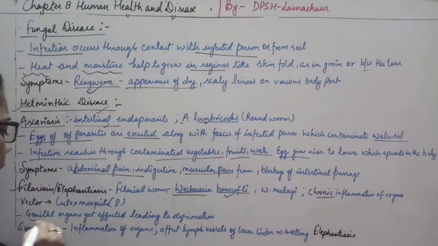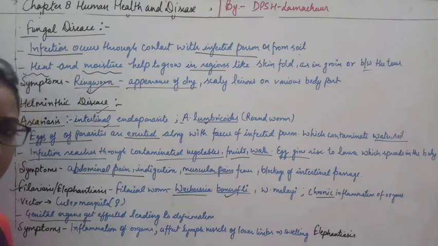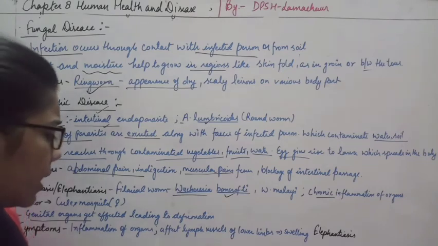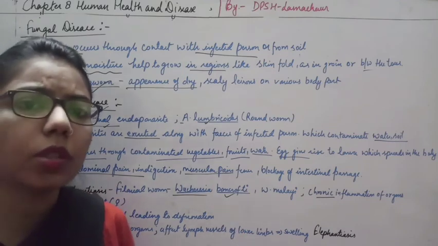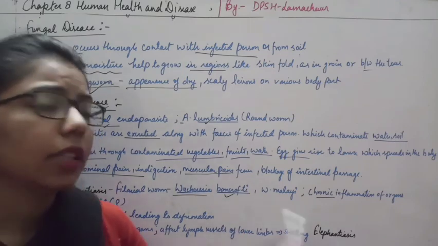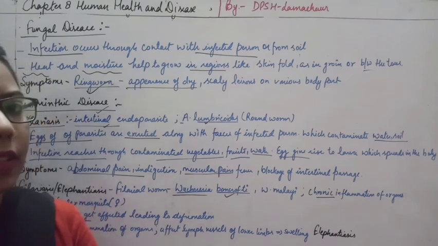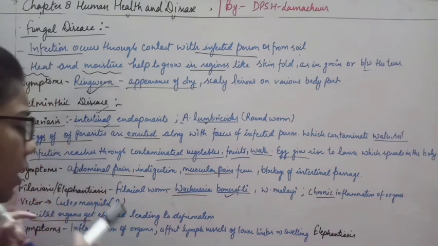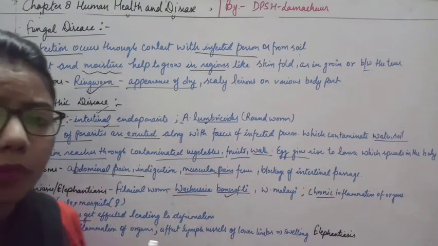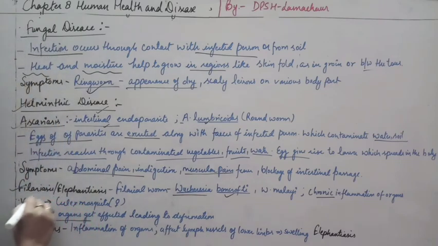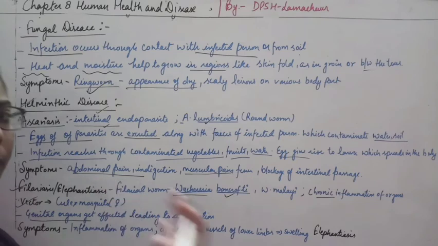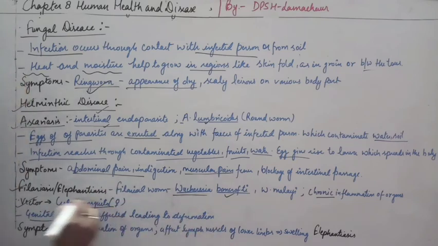The genital organs of the person also get infected, as well as the lymph vessels of the affected person, and due to this swelling takes place, and the disease caused is elephantiasis. Now, how is this disease spreading from one person to another? Here another vector is there, which is spreading this disease, known as the Culex mosquito.